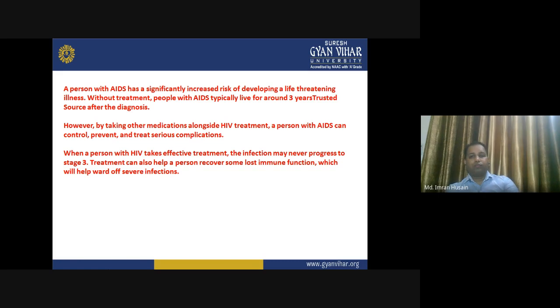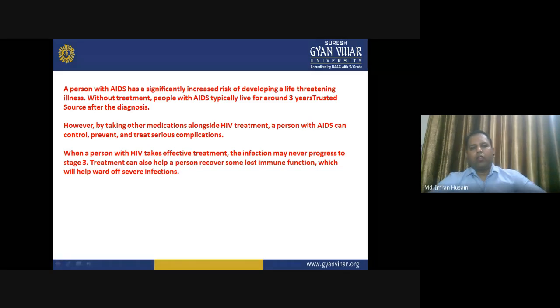So if they don't receive any sort of treatment or any other required things, and the person is not at all concentrating on the treatment, then the condition of AIDS lasts for a time period of 3 years, and after that, the individual dies.